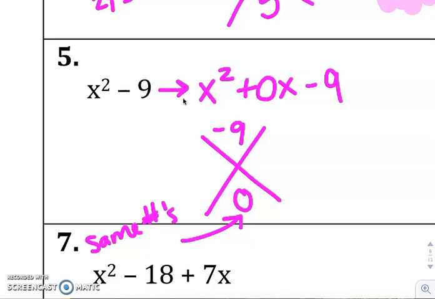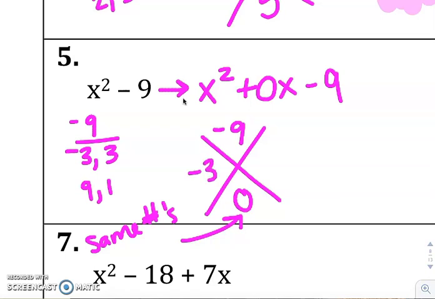They have to be the same numbers, just one's positive, one's negative. So what multiplies to get you 9, or what times itself gets you 9, it's going to be 3 times 3. But because it's negative, you need a negative and a positive. 9 and 1 would not have worked because that doesn't add to get you 0. So when you have a 0 down there, it has to be the same number, just the positive one.